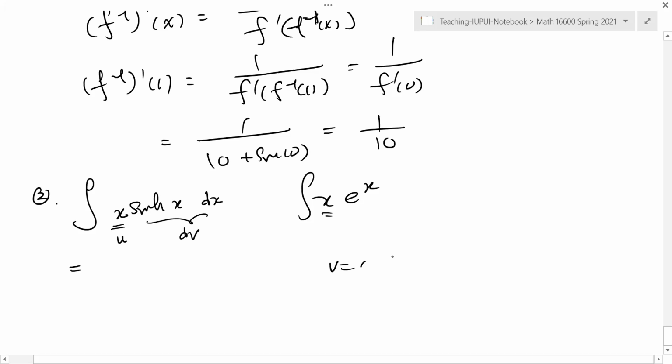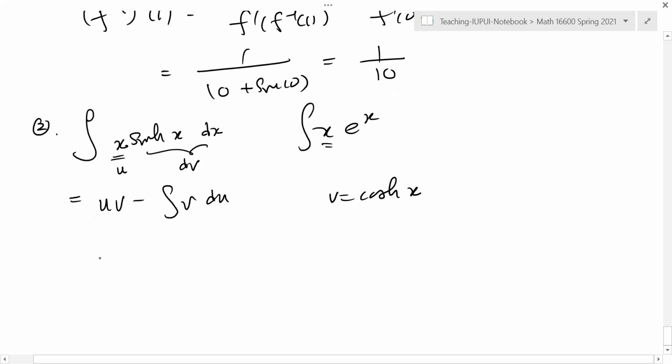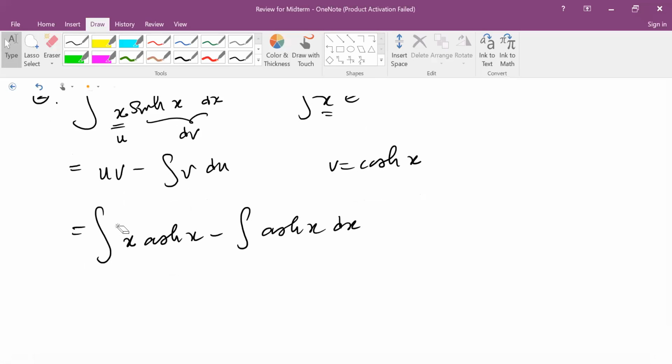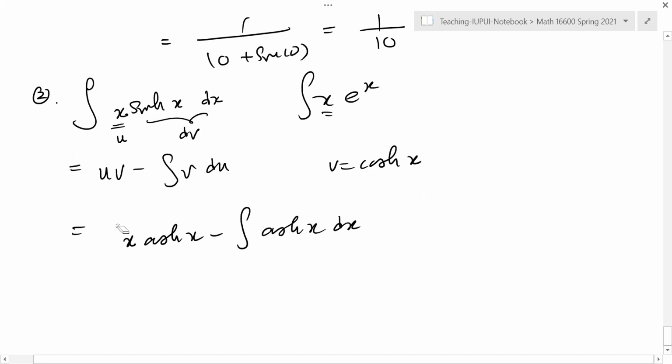V should be equal to hyperbolic cosine x, because when you differentiate hyperbolic cosine x, you get hyperbolic sine x. Okay, so it's uv minus the integral of v du. It's going to be u, x, times v, hyperbolic cosine x, minus the integral of hyperbolic cosine x dx. There's no integral left after that, because the derivative of hyperbolic cosine x is hyperbolic sine x.